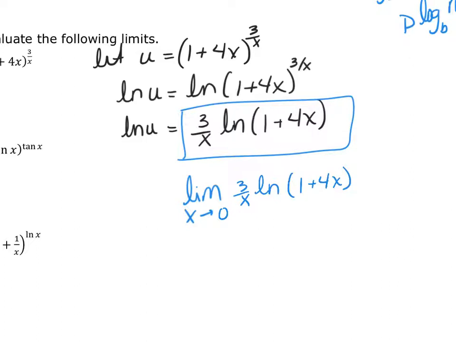I'm just going to rewrite this as the limit as x approaches 0 of 3, the natural log of 1 plus 4x, all over x, because I'm allowed to do that by the rules of algebra. I ask myself, is this 0 over 0 now, or infinity over infinity now?